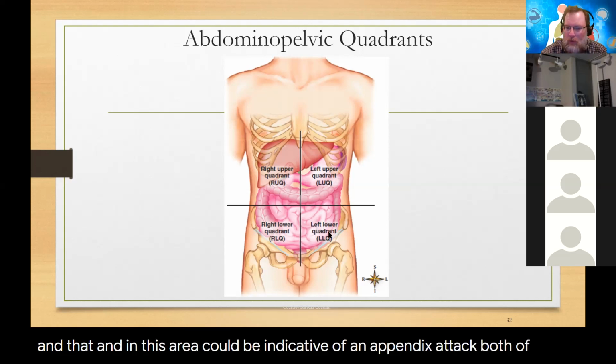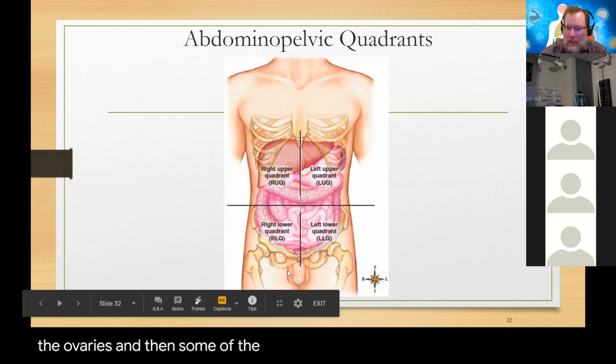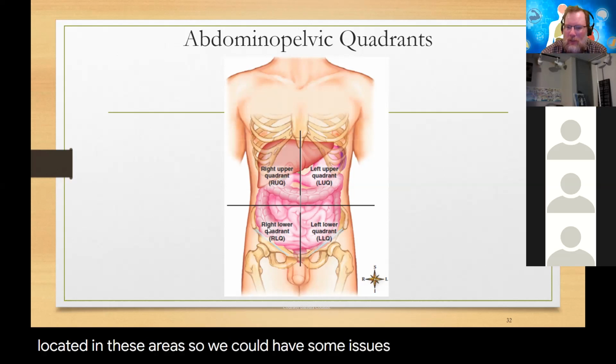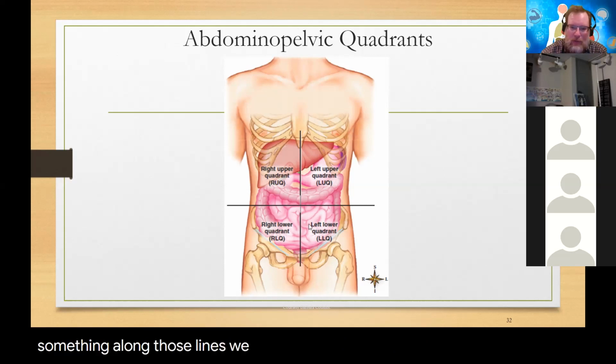Both of the ovaries and then some of the ligaments that suspend the testes are also located in these areas. So we could have some issues, ovarian cysts or a hernia or something along those lines. We could also have pain that travels across both regions. The urinary bladder is down in this area, so that could be indicative of a UTI or something.